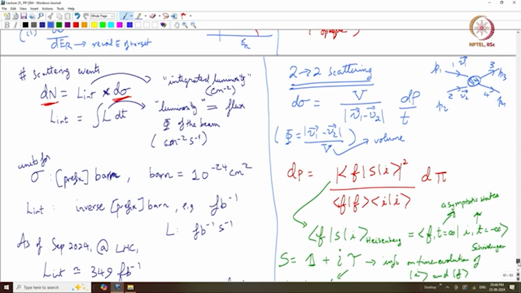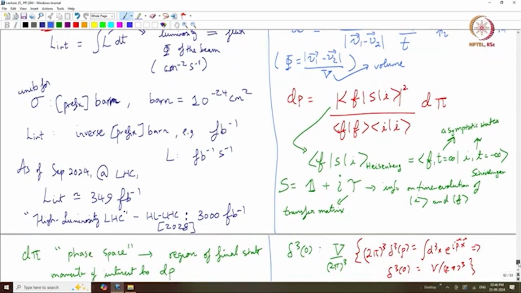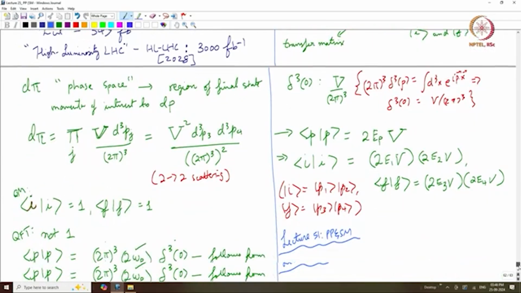The probability comes from the transition amplitude squared, of course, and then we have to take the correct norm and multiply by the correct phase space. The norm we obtained as basically 2E1V times 2E2V for the initial state, and similarly 2E3V, 2E4V for the final state. The phase space was nothing but counting the number of cells that you have in the phase space of the final state.